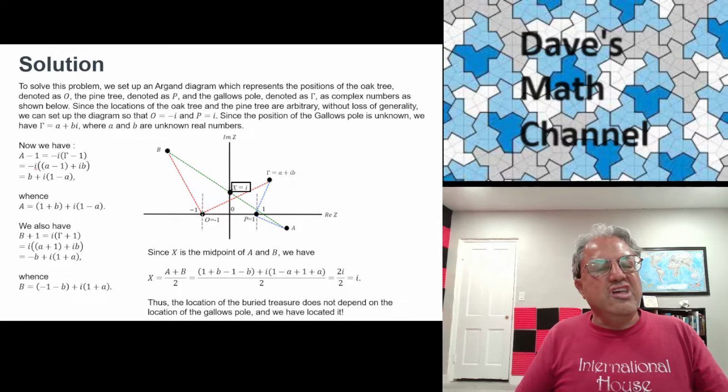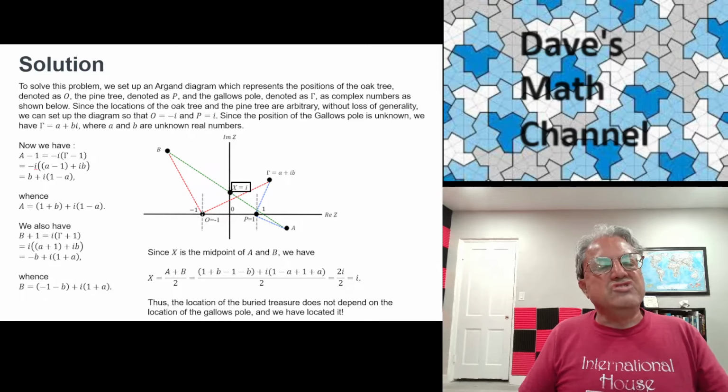So first we locate A. That's not too hard. They say that you walked a certain number of paces from the pine tree to the gallows pole, and you can think of that path as a complex number. That's just gamma minus 1, since P is 1.